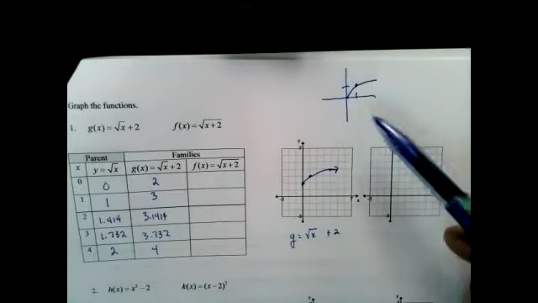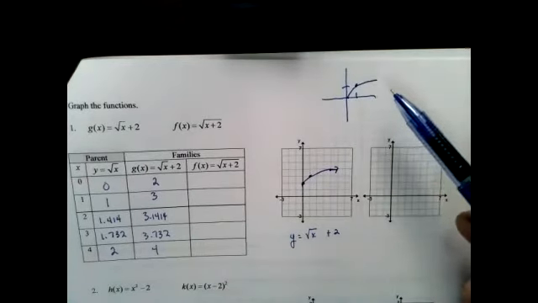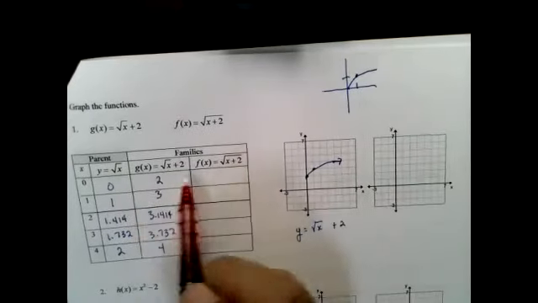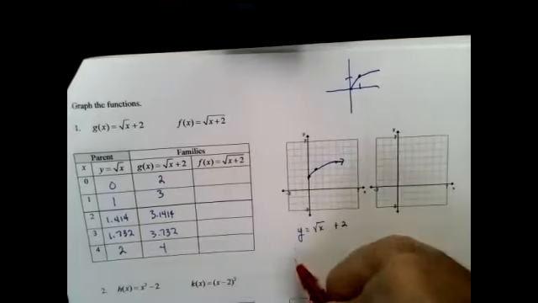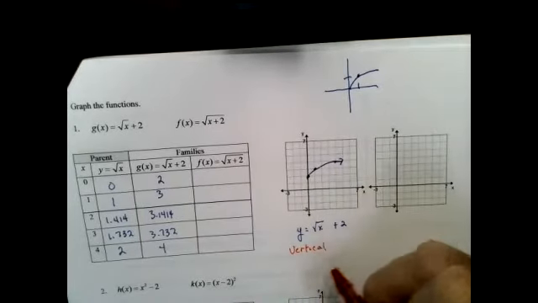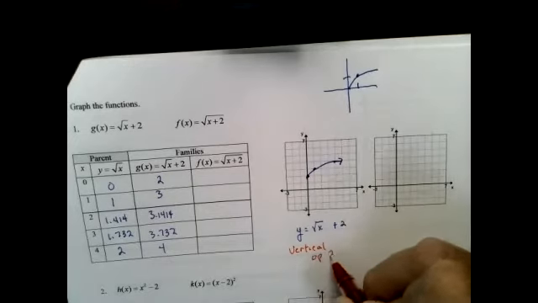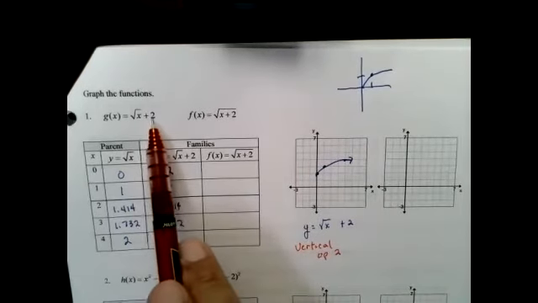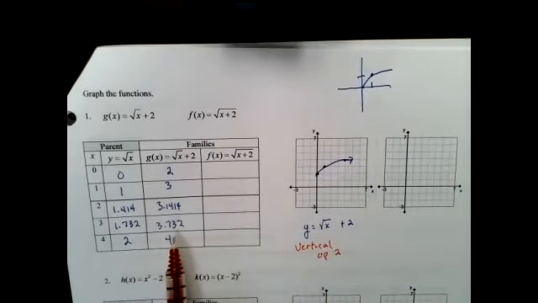So what did it do to my graph? It shifted it up 2. So when I add on the end, it's doing a vertical shift up 2. Anytime I add something on the end, that's going to move me up or down.